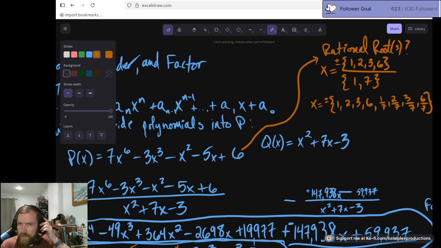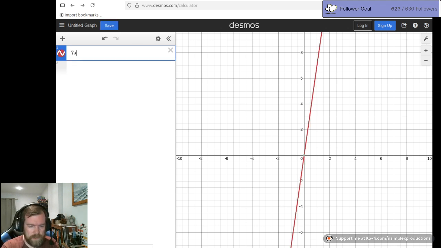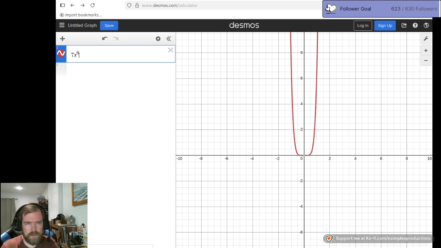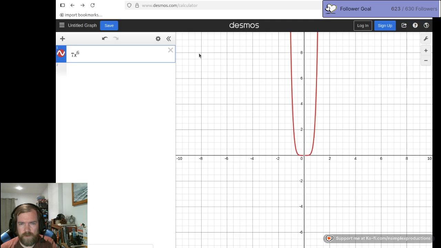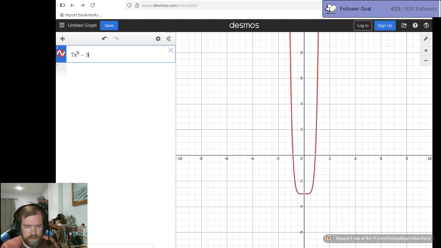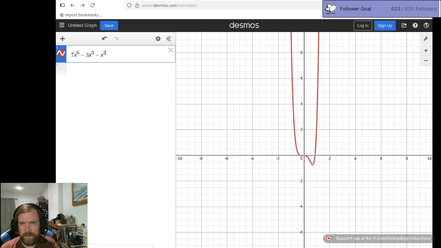So one of the things that we can do is then check it on your graphing utility or whatever. If we go 6x to the 6th minus 3x squared minus x squared. No, 3x cubed minus x squared minus 5x plus 6.